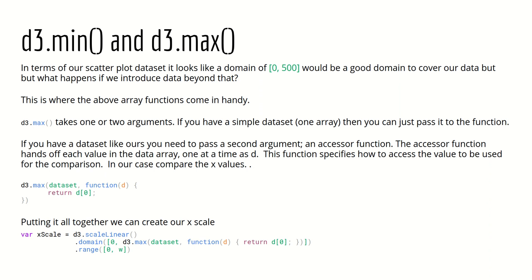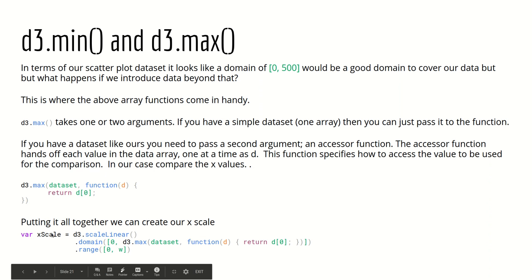There are loads of scales, there are linear scales, there are log scales, plenty of scales within D3. There are also d3.min and d3.max. So in terms of your data, if you don't know what your min and your max are in your data set, you can use D3 methods to find these out to pass into your scale function.